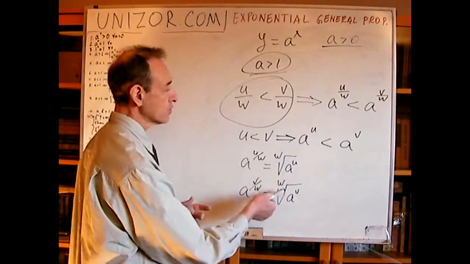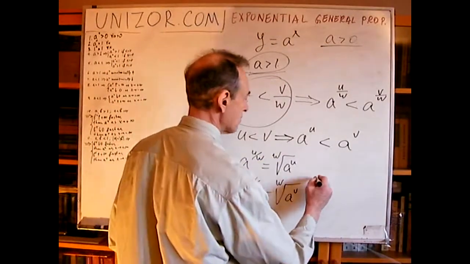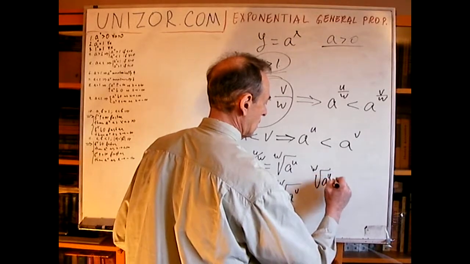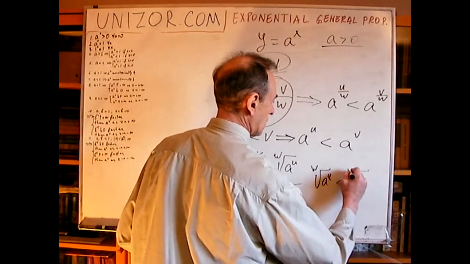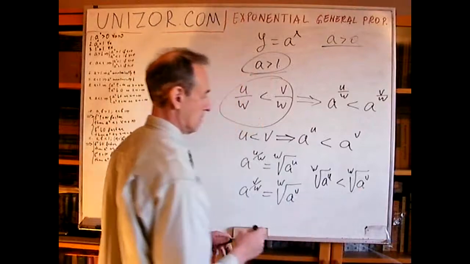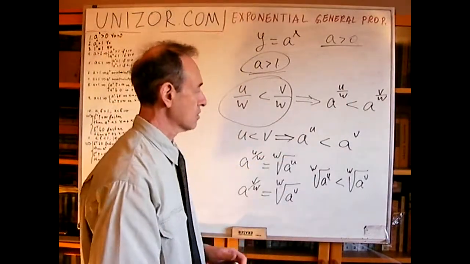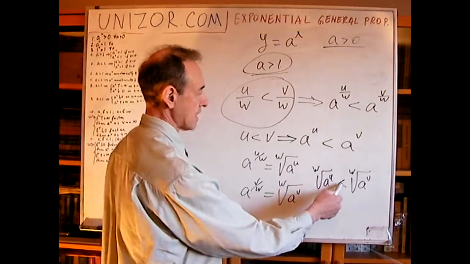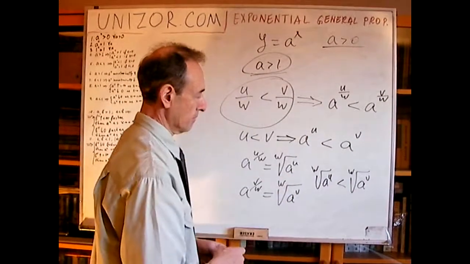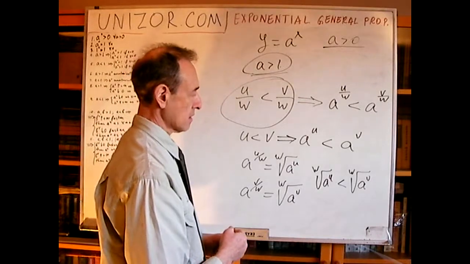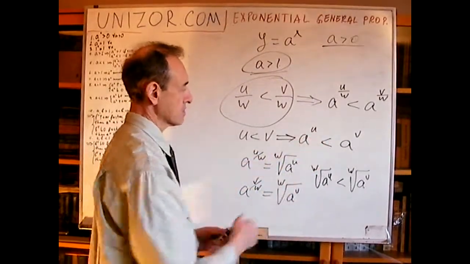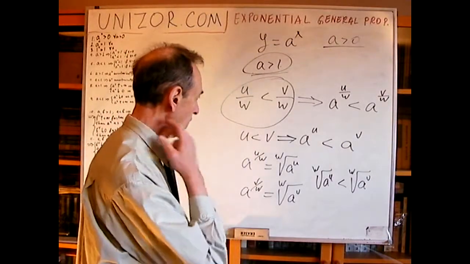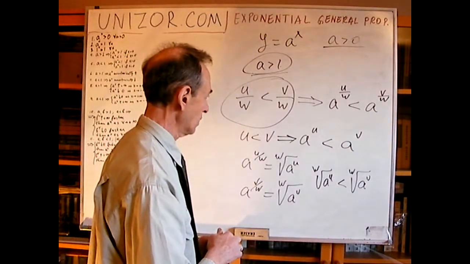So that's why the roots are supposed to be also in the same relation as a to the power of u and a to the power of v. Cannot be otherwise. If it's otherwise, I will just raise both to the w's power, and I will have a reverse inequality here. So I've proved it for rational numbers as well.